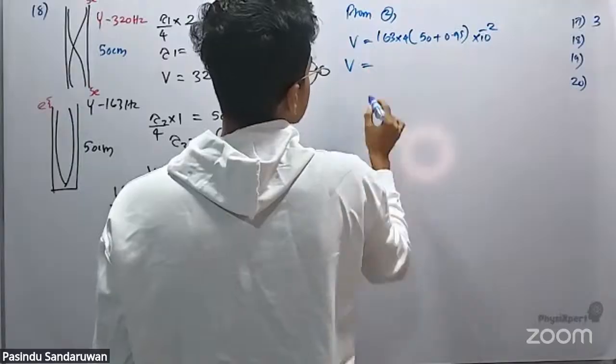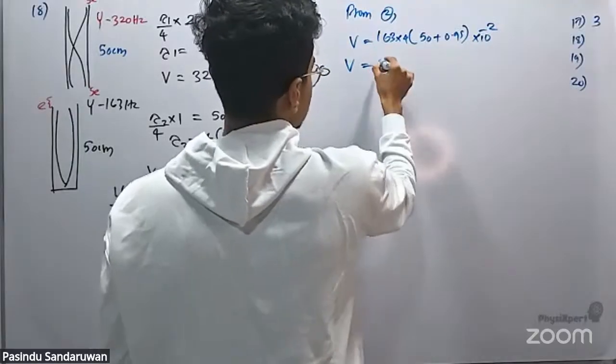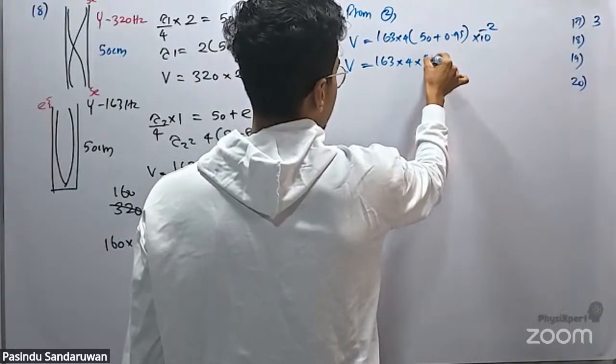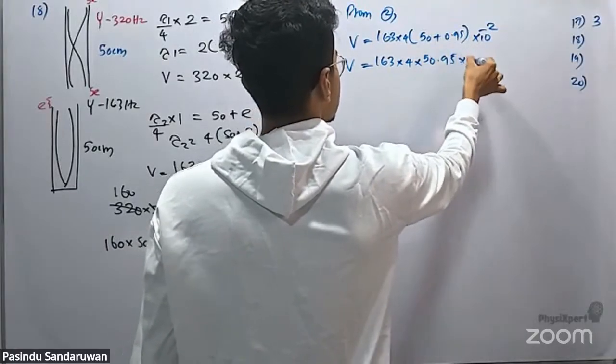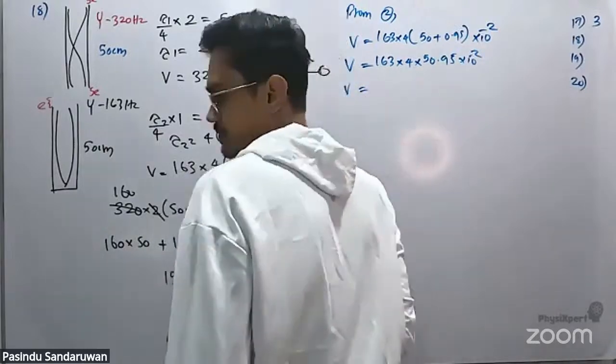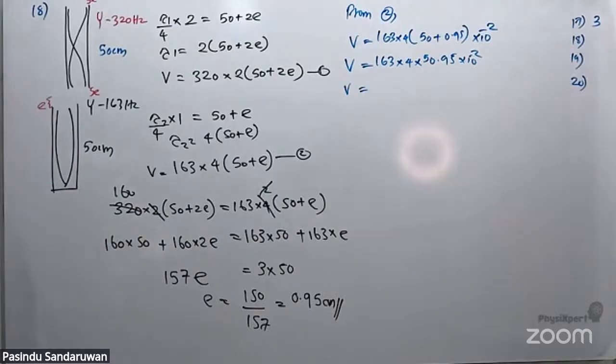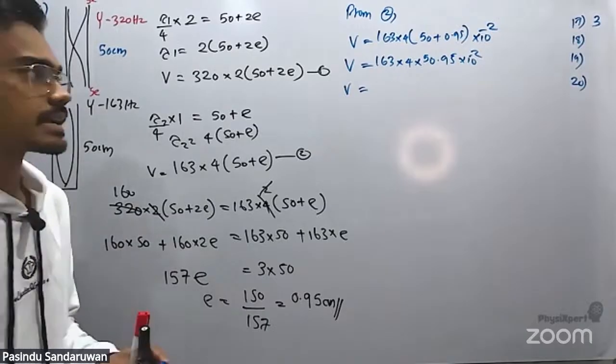A simplification: 163 times 4 times 50.95 times 10 to the power minus 2. 163 times 4 comes to 332.